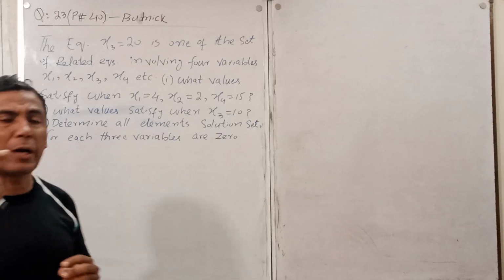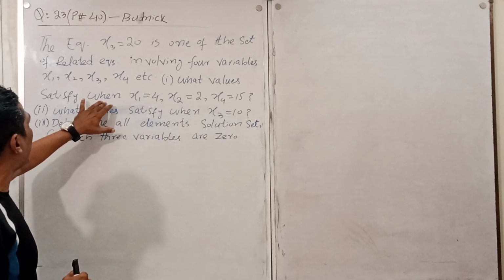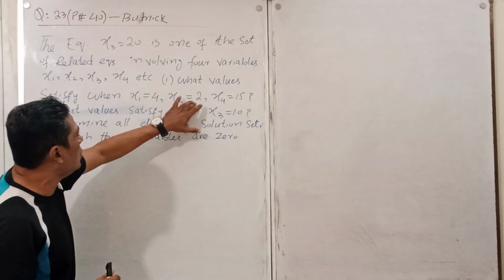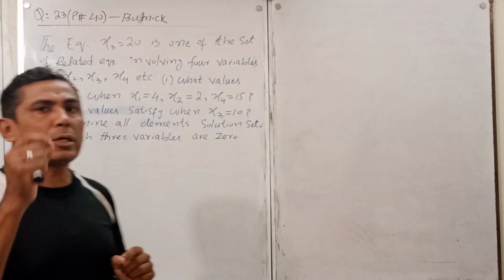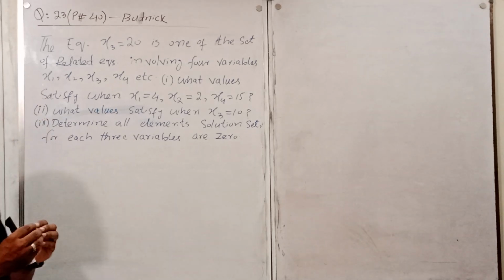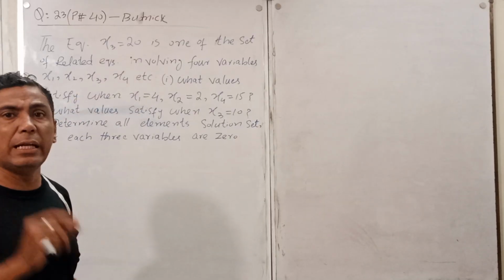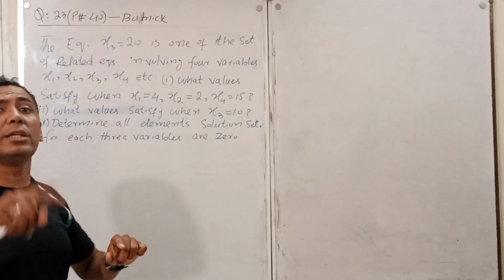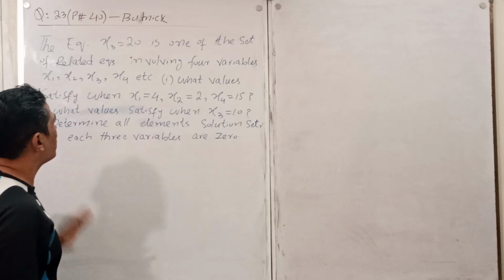The first part of the question is: what values satisfy when x1 equal to 4, x2 equal to 2, x4 equal to 15. You have to find out what values satisfy this linear equation x3 equal to 20 when the values of the other variables are these.